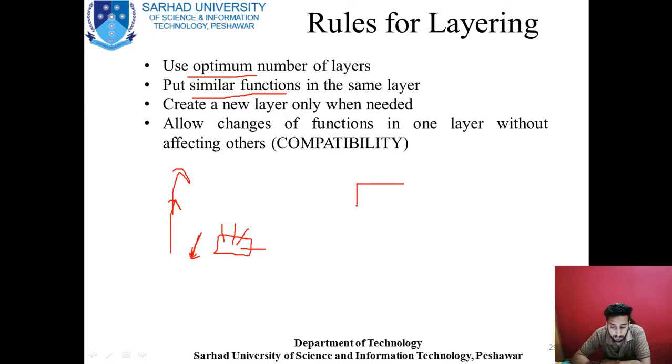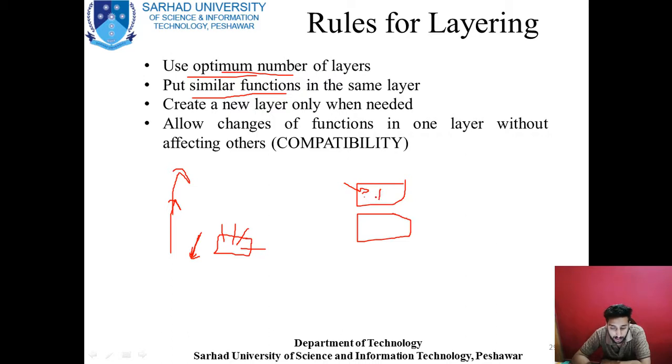Let's say you have divided any bigger network into two modules. Let's say you have achieved the optimum number of layers, and now you want to place some functions over here. All the functions relevant to each other should be put in the same layer. It is not recommended that you use the same function in two places.